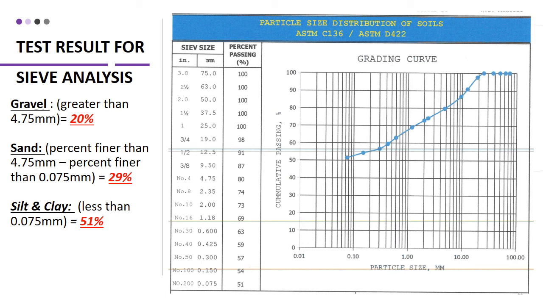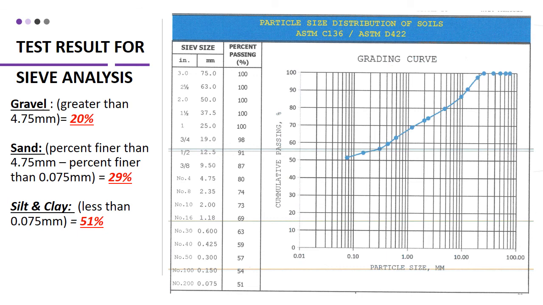So I hope you don't get confused with that. So we have to subtract the percent passing at the sieve 0.075, or sieve number 200, from the percent passing at 4.75 millimeter opening sieve or sieve number 4.